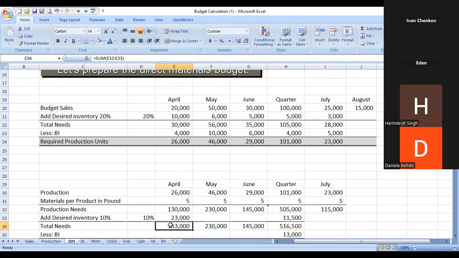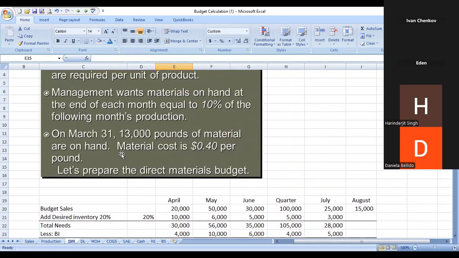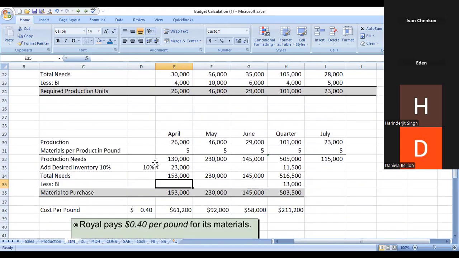If I have those materials, that's going to guarantee me the production, 130,000 pounds of material, plus I'm going to have 23,000 pounds left to start the month of May. But hold on a second, I already have in my inventory from the end of March, which will be the beginning of April, 13,000 pounds. So I'm going to deduct that one.